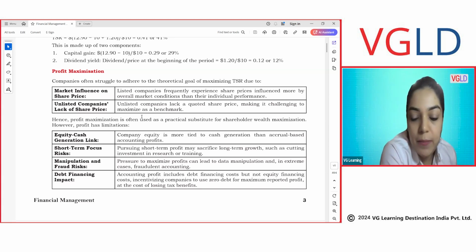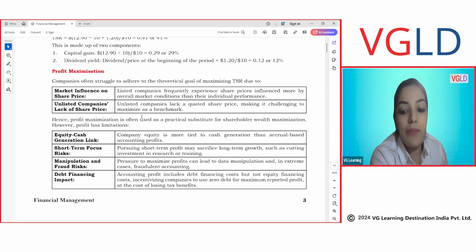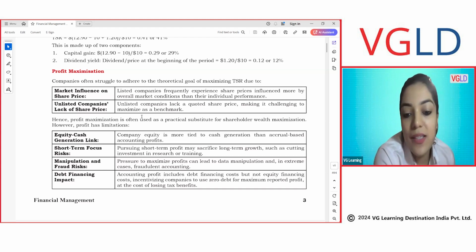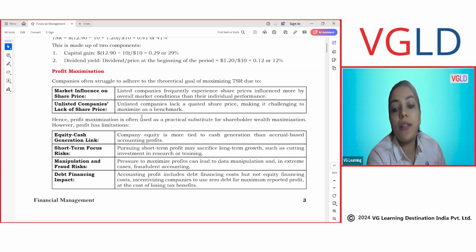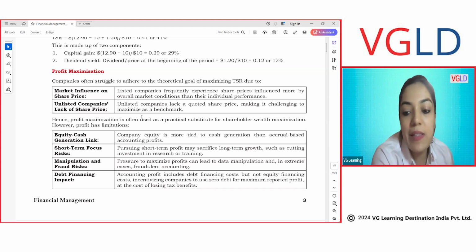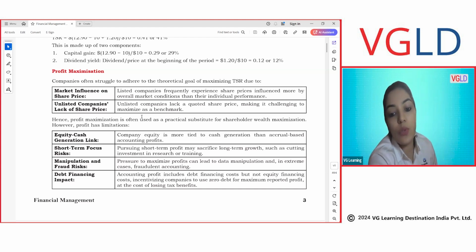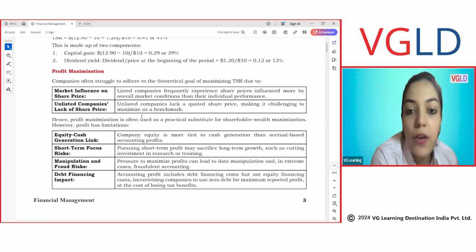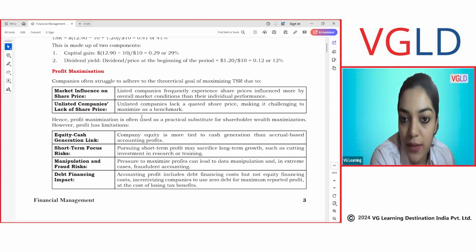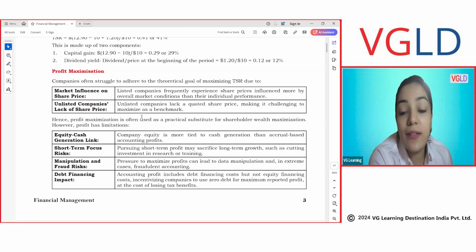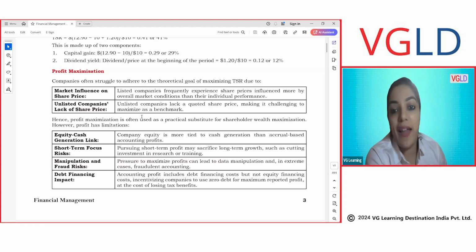And then debt financing impact. Accounting profit includes debt financing cost but not equity financing cost, incentivizing companies to use zero debt for maximum reported profit at the cost of losing tax benefits. Always remember, interest on debt is a tax deductible expenditure, and therefore if you're using debt, it means you're going to be able to save taxes.